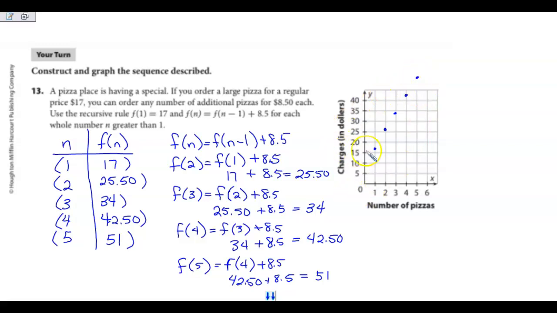Okay, so our first 4 terms fit. So here's our domain, here's our range. Our first 5 terms are 17, $25.50, 34, $42.50, and 51. Okay. Are they connected in a line? No, because you can't buy half of a pizza. Traditionally, when you go to the store, they want you to buy a whole pizza.